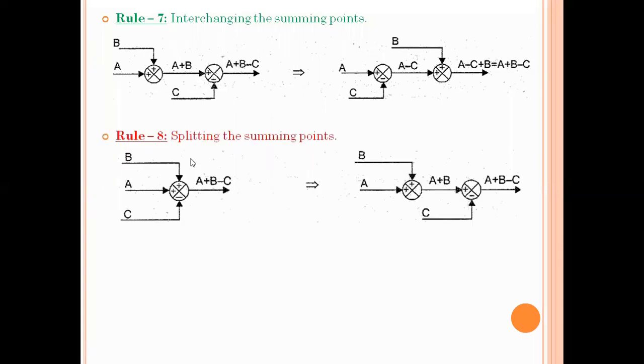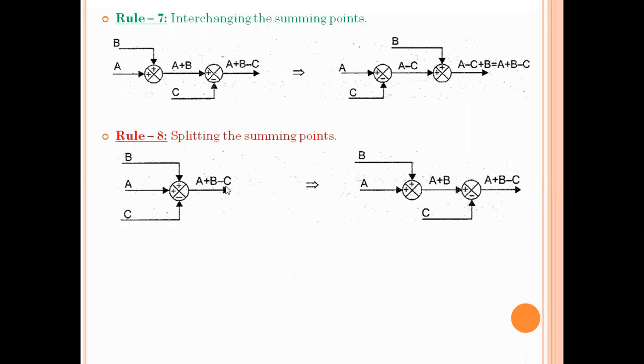Next, coming to rule 8, splitting the summing points. Of course, in rule 7 we can club these two summing points also. If we club these two summing points, then we will get it like this. And if we want to split, we can split like this or like this also. You can see here the overall output is A plus B minus C, because A and B have positive signs but C has a negative sign.